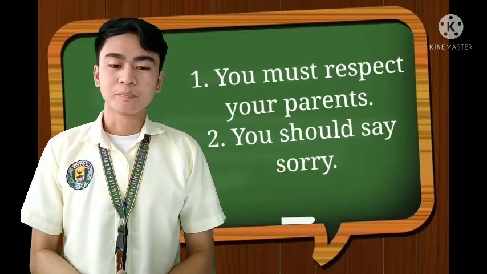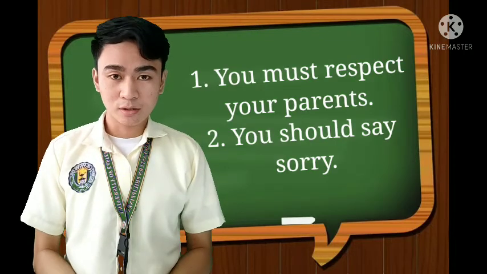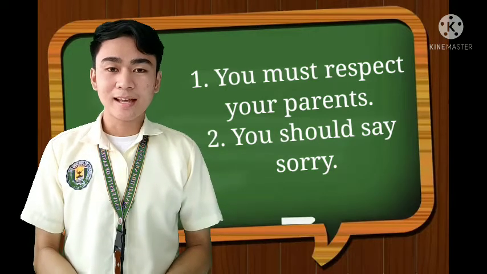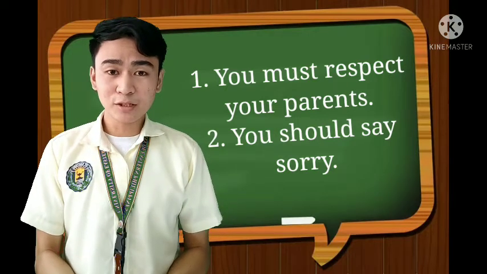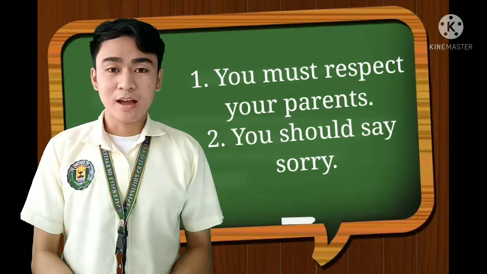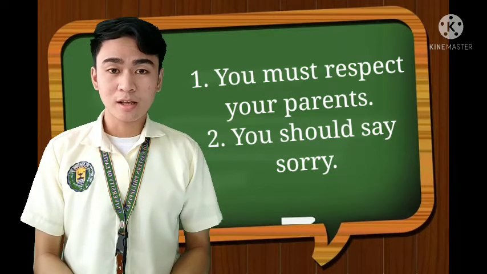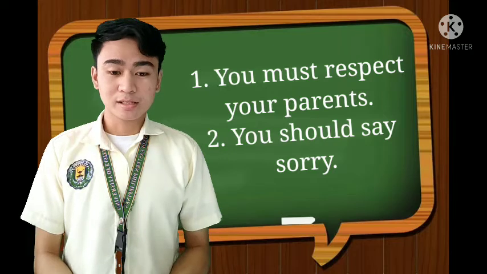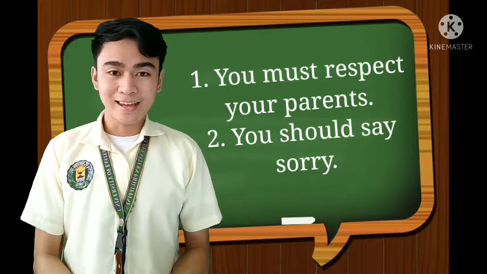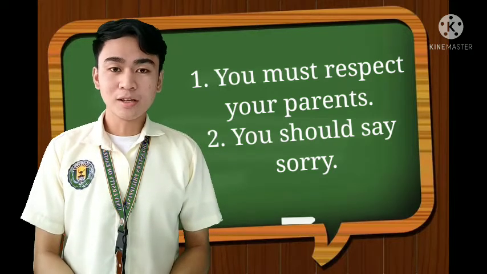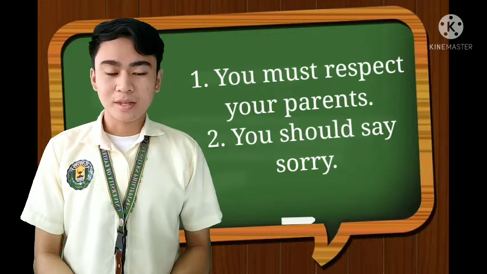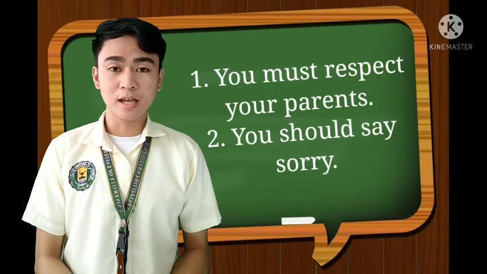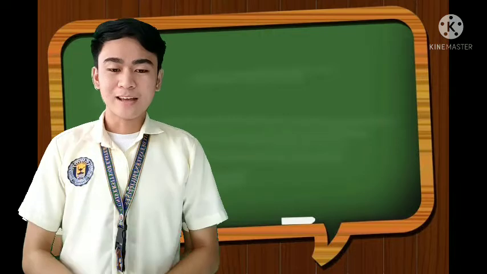For example, you must respect your parents. The modal must indicates that respecting your parents is a very important cause that we all should do. Another example is, you should say sorry. The modal should indicates advice that a person, when he or she has committed a mistake, should say sorry.